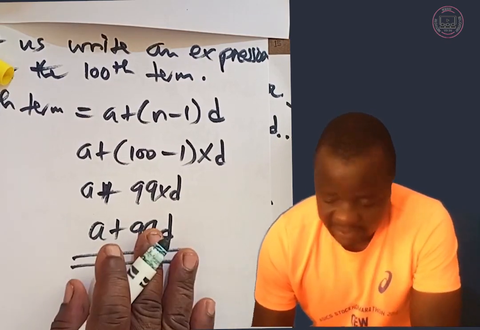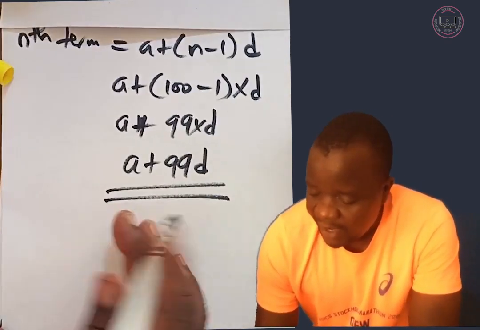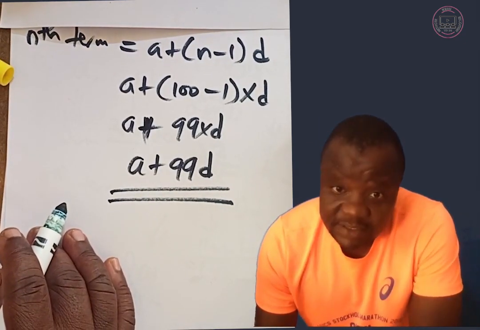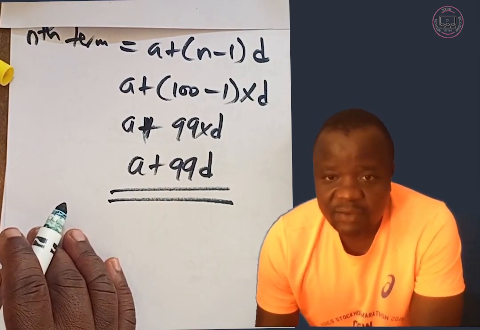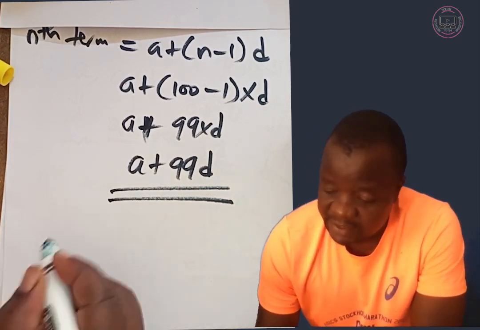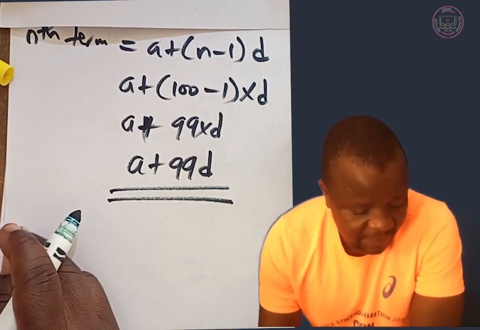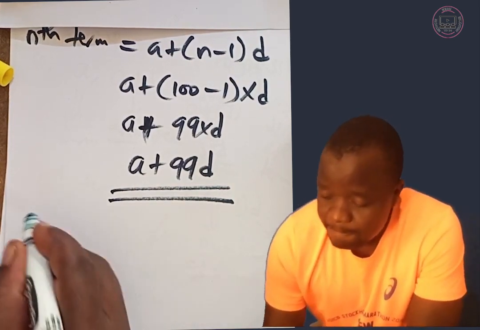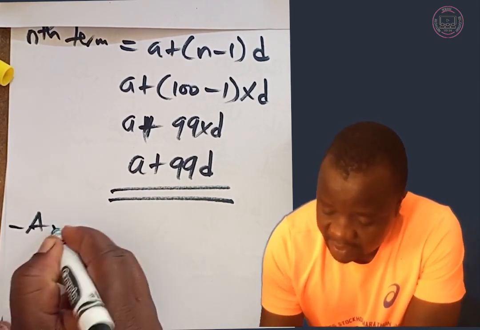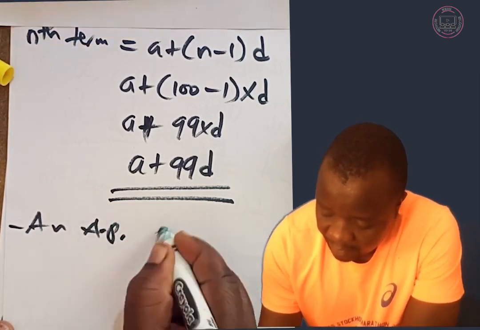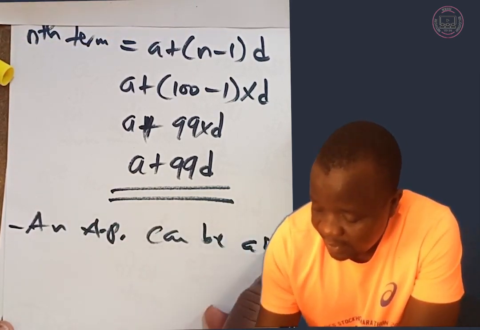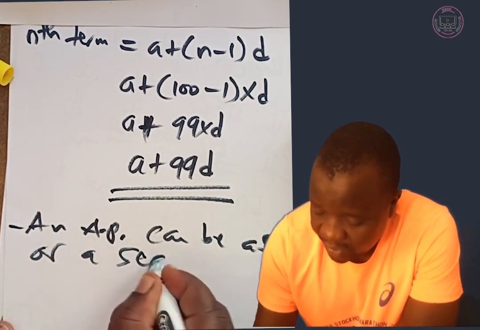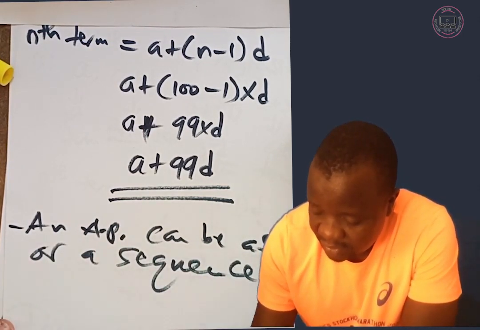Now, as I said, we can have an arithmetic progression, which is a sequence, and we can have an AP which is a series. So an AP can be a series or a sequence.